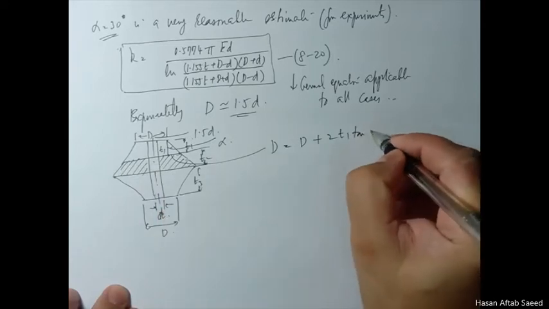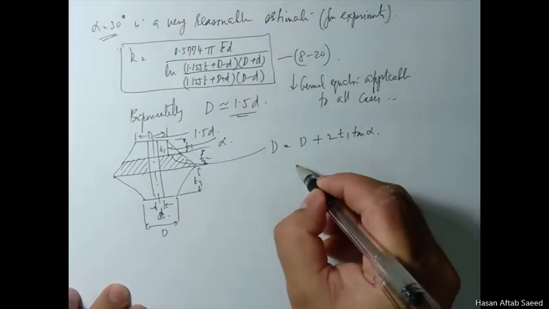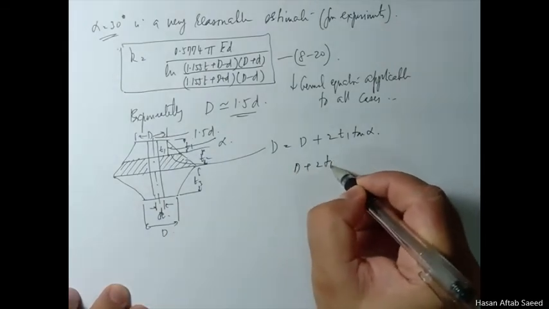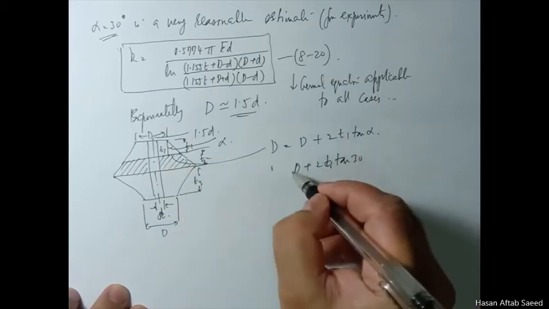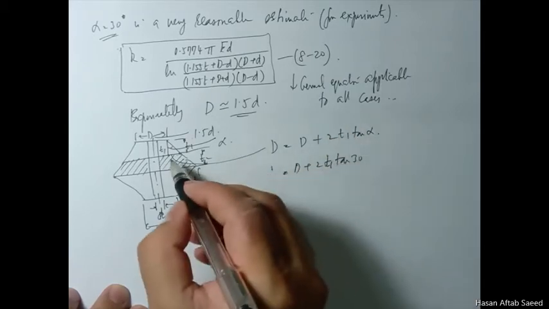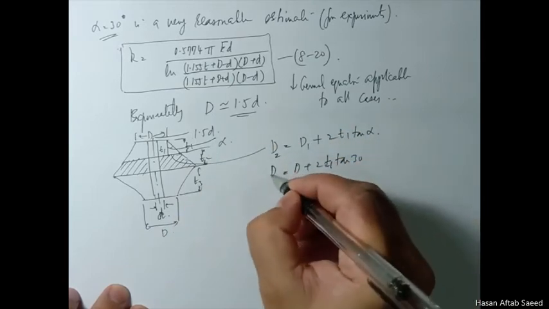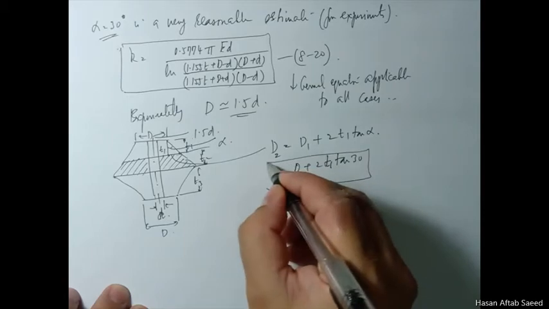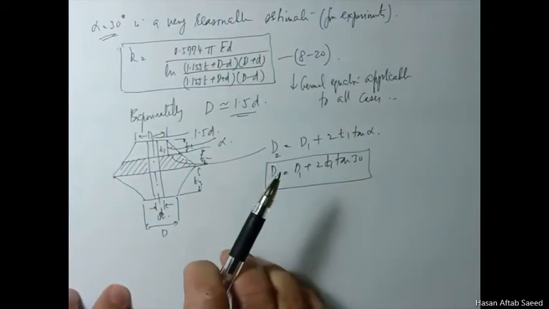If we're talking about 30 degrees, then it is d plus 2 t1 tan 30 degrees, as we have been using. Let's call this D1, let's call this D2, and you don't need to consider this D because the formula takes care of that.